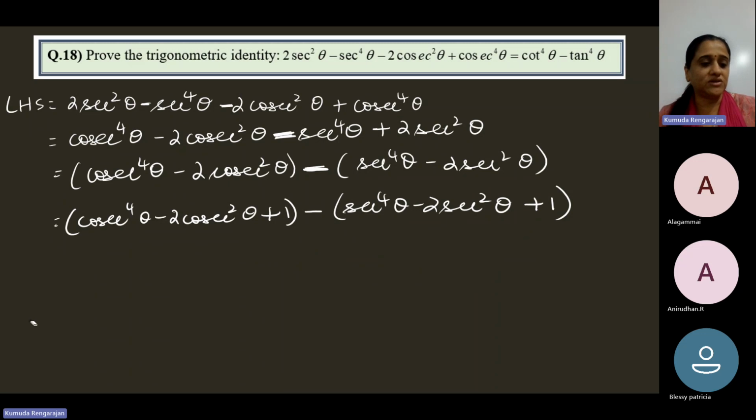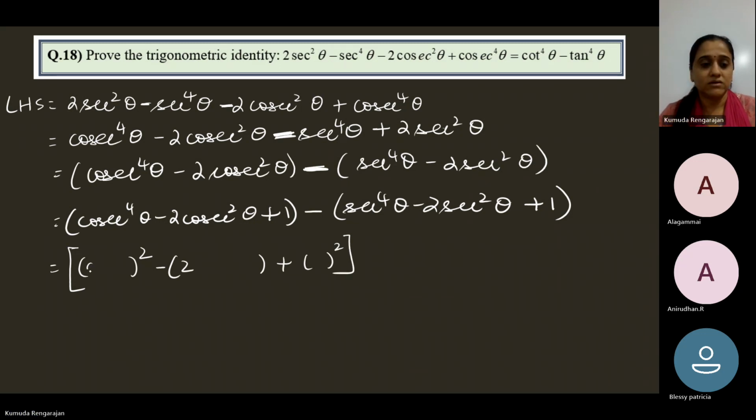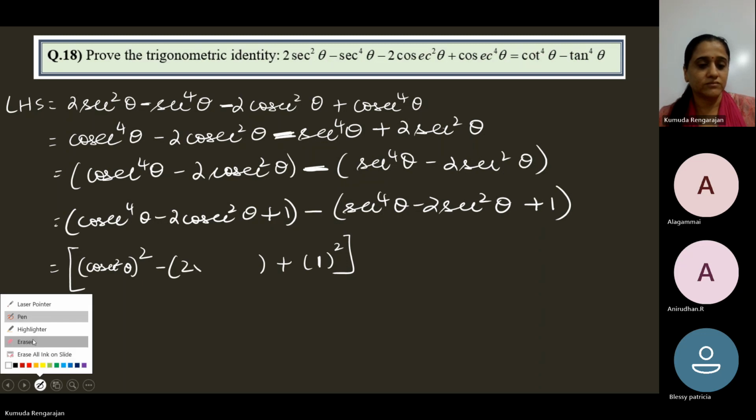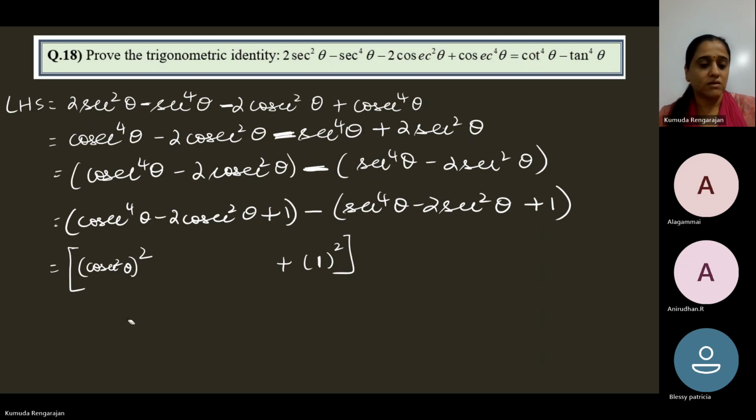Now show that the three terms in the two brackets are of the form a the whole square minus 2 into a into b plus b the whole square. So what is here? Cosecant square theta. And here 1. So in the bracket, minus 2ab.